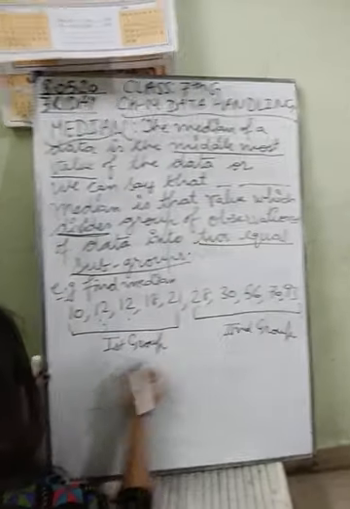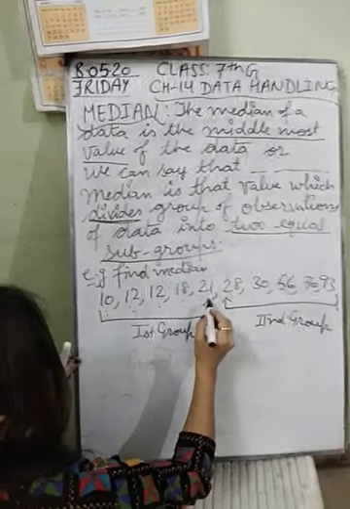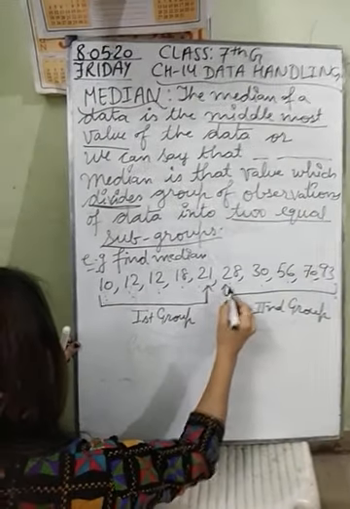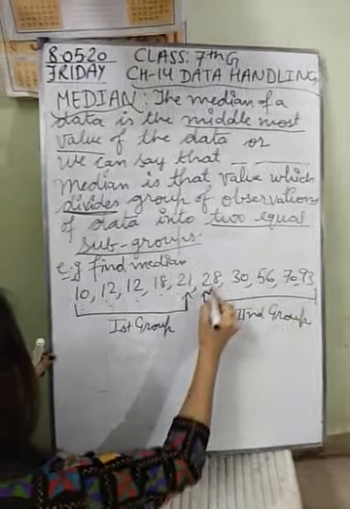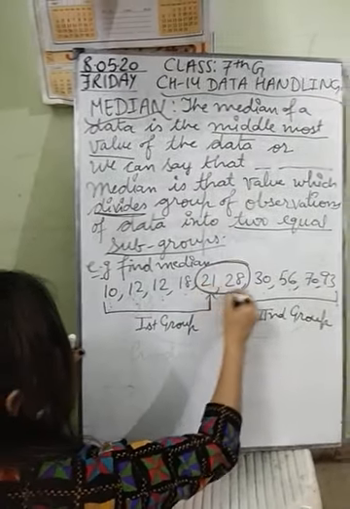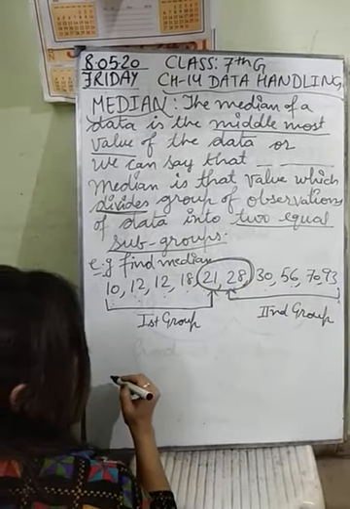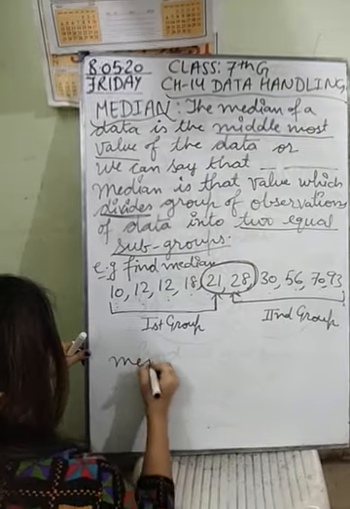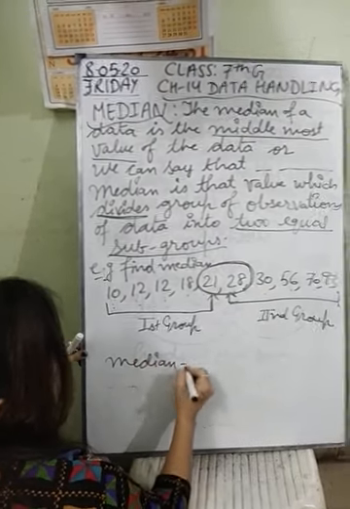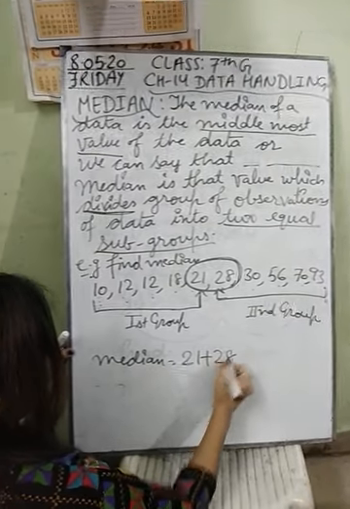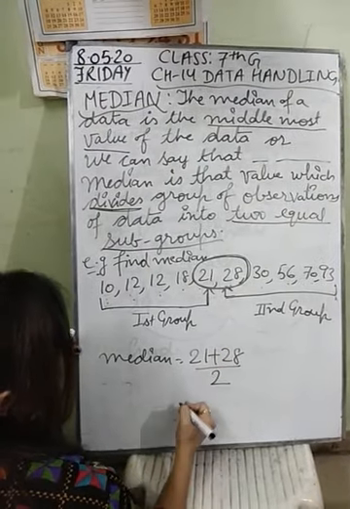So guys, the last number of the first group and the first number of the second group, these two numbers, you will find the sum of these two numbers and divide it by 2. Let us add them. 21 and 28, we will divide it by 2.